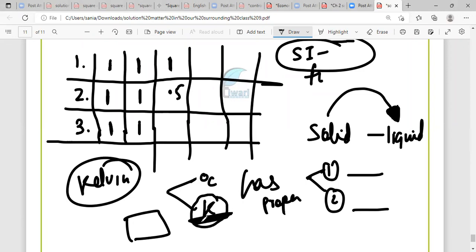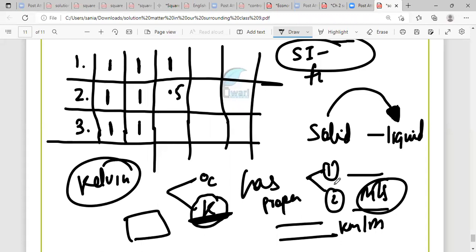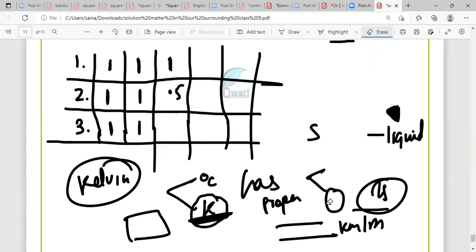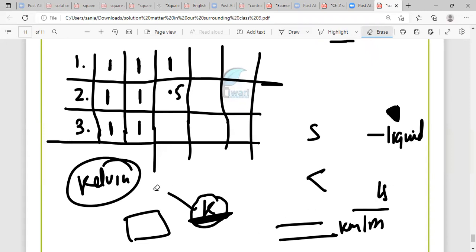See, you can measure distance in kilometers or meters, but if I talk about the SI unit, it is going to be meter. So if I talk about SI unit, then it is Kelvin. Is it clear for everyone? Yes, ma'am.